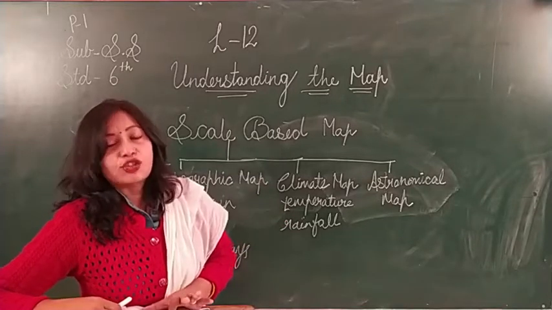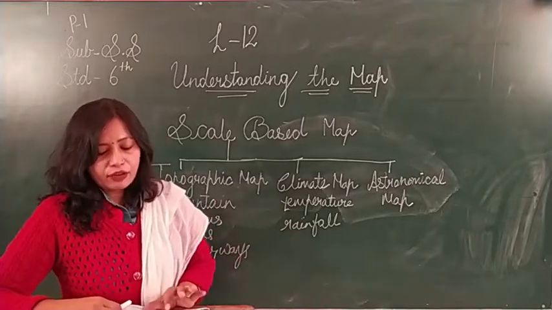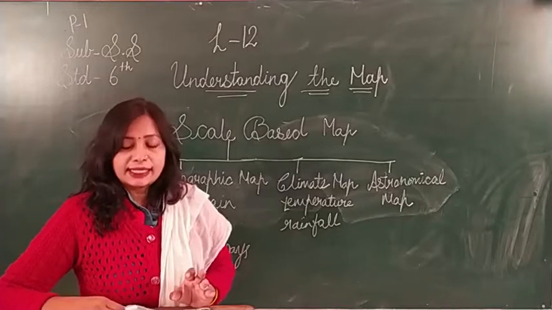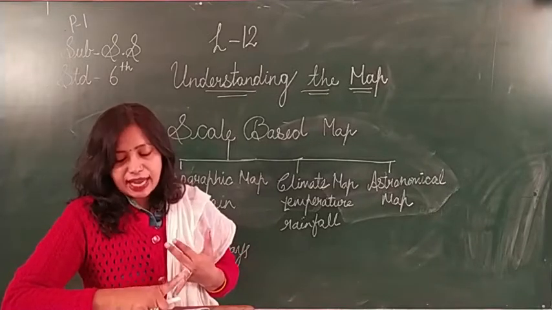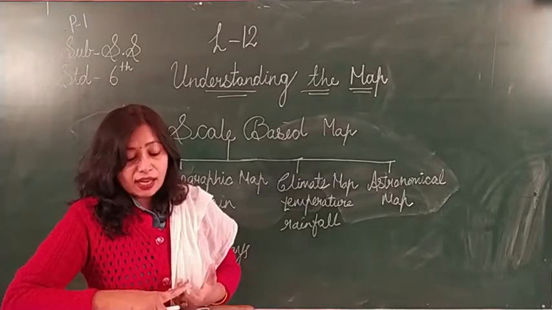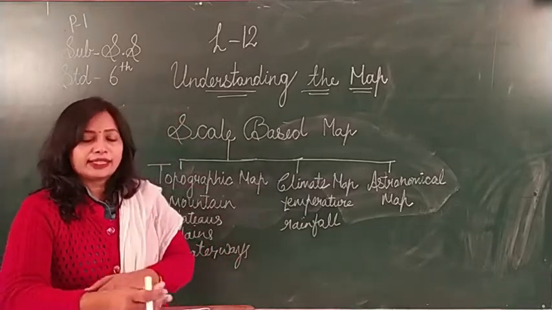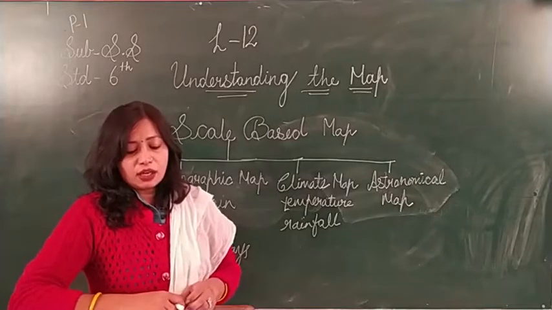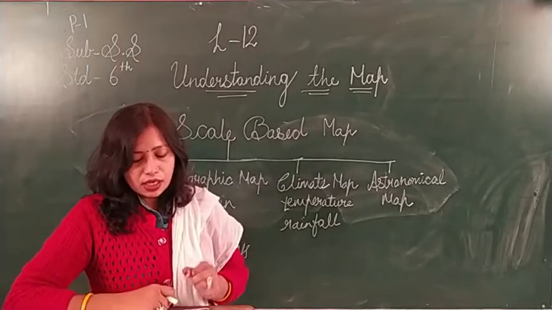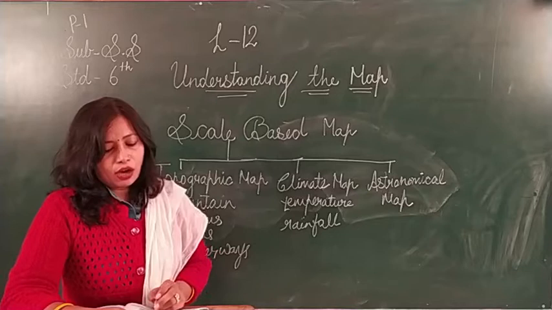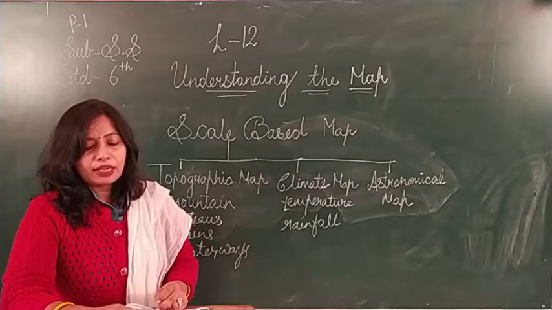Now, the astronomical map. In that we get information about celestial bodies like planets, satellites, galaxies, stars, and constellations. Constellation we have already discussed: a group of stars which shows different shapes. So these are all shown in the astronomical map.